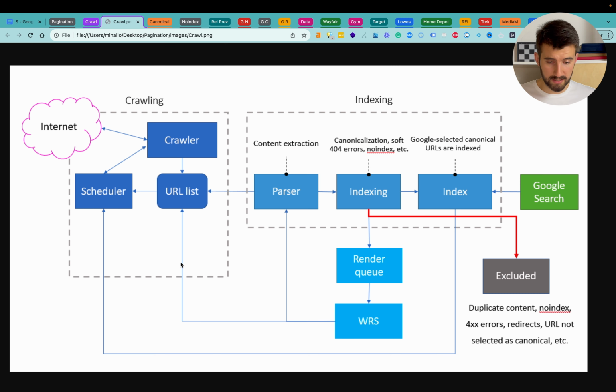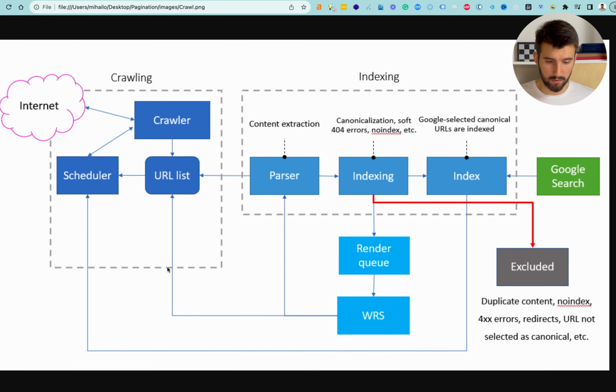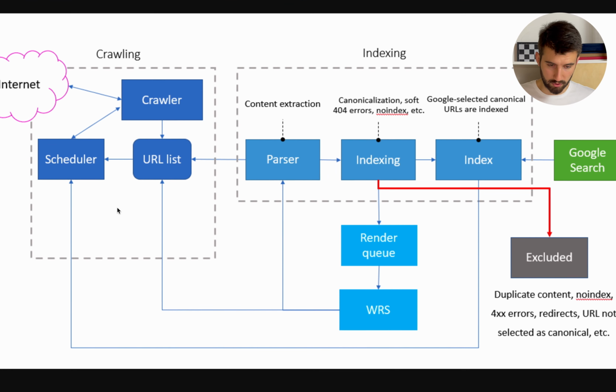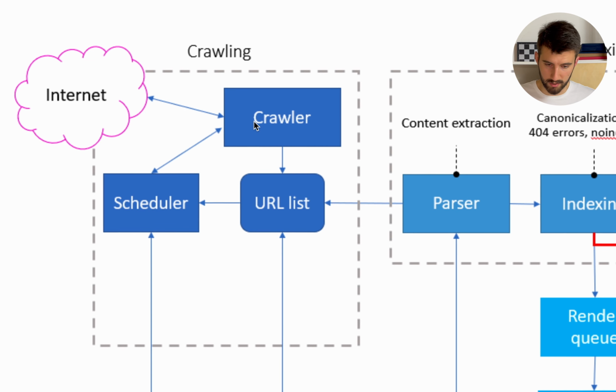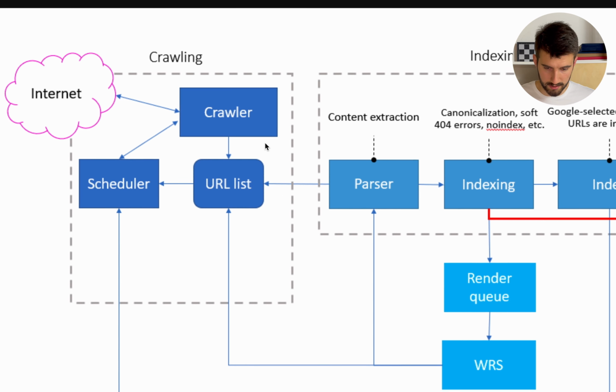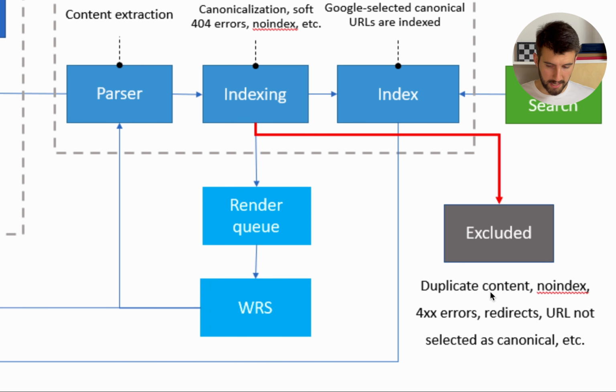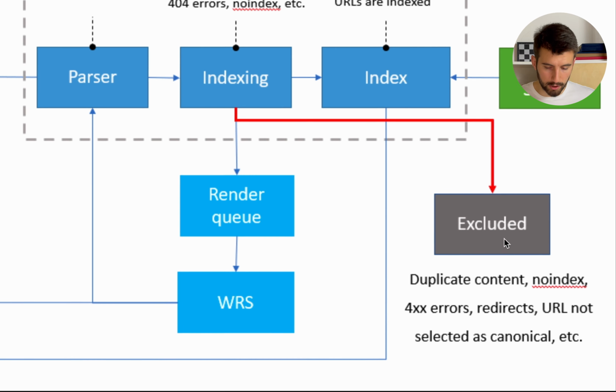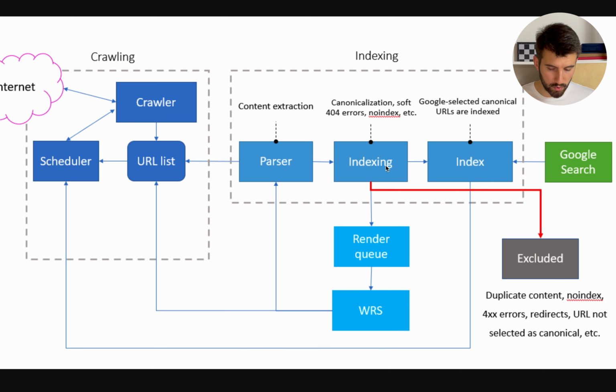Duplicate content is one of the most common problems when managing enterprise e-commerce stores. As we can see from this diagram that represents the process of how Google crawls and indexes web pages and what the steps within that process are, duplicate content pages are literally excluded from the indexing process.